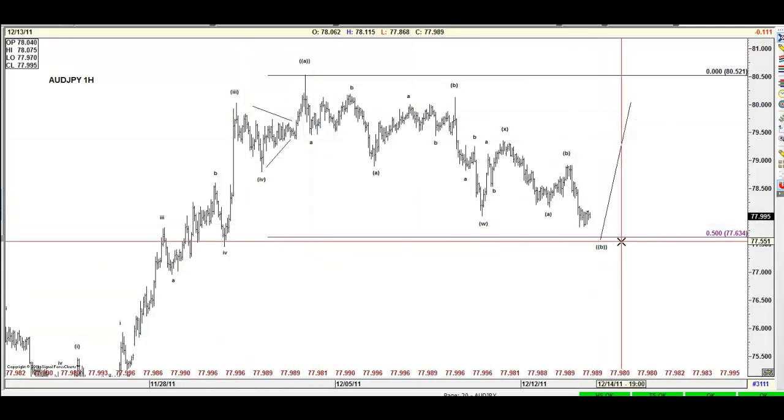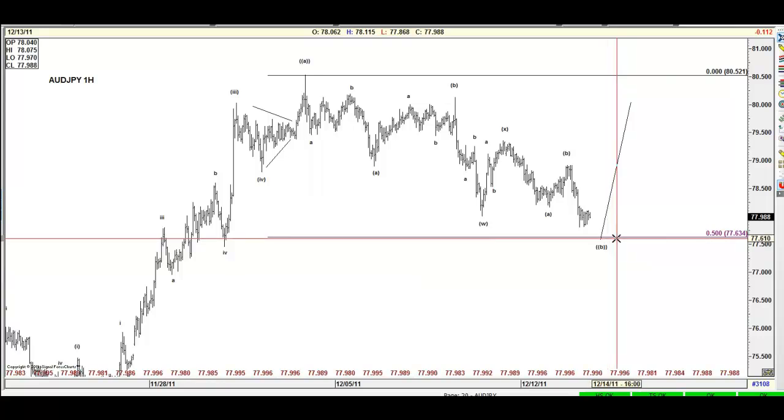The first target is going to be tomorrow at 77.34, and I really believe that we're going to see a minimum risk of movement tomorrow before a bounce.